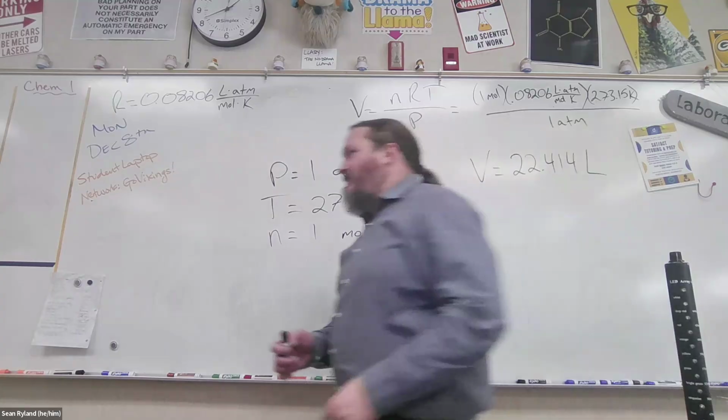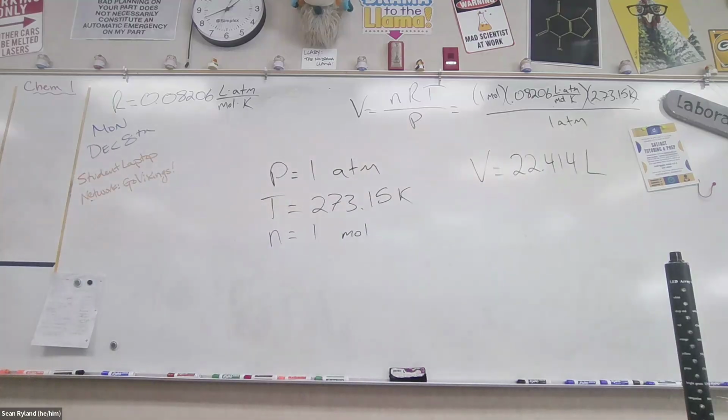So I started this by saying an easier way to do a reasonableness check. 1.05 is pretty close to 1 atmosphere. 22 Celsius is pretty close to 0 Celsius for the sake of rounding. That's about a quarter of 22, roughly.